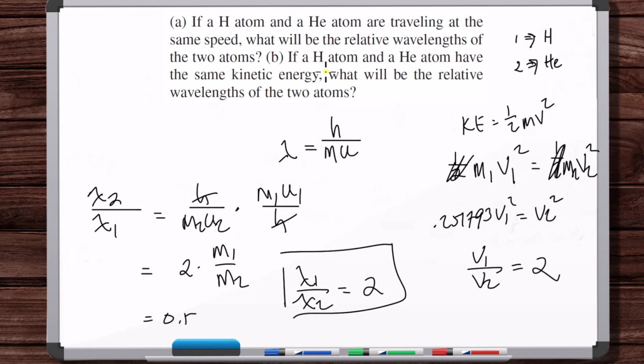So the hydrogen atom's wavelength is about twice as large as the helium atom's wavelength when their kinetic energies are the same. Wasn't that the same as what we got previously for part A? I think so. Maybe not.